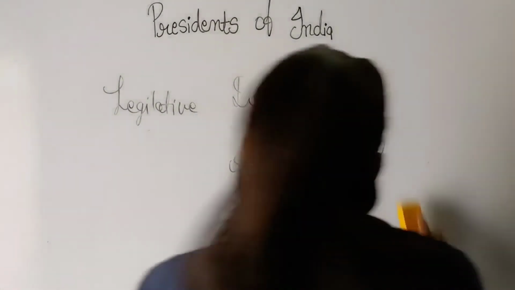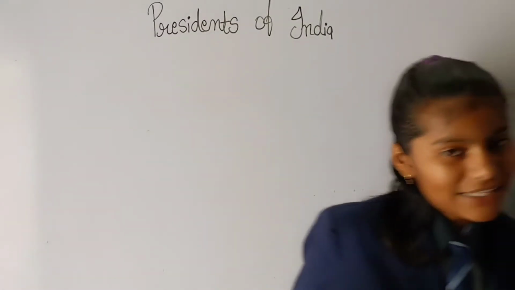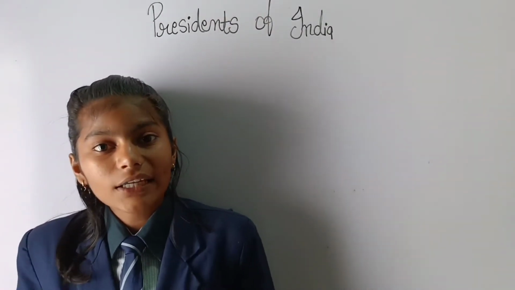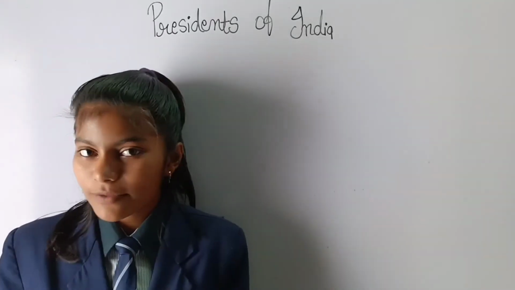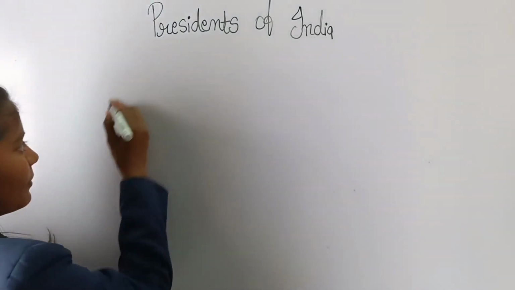Now let's move further. Now the next powers of the president given by the parliament and the constitution are the diplomatic powers, military powers, and financial powers, as I also mentioned to you. Now diplomatic powers.